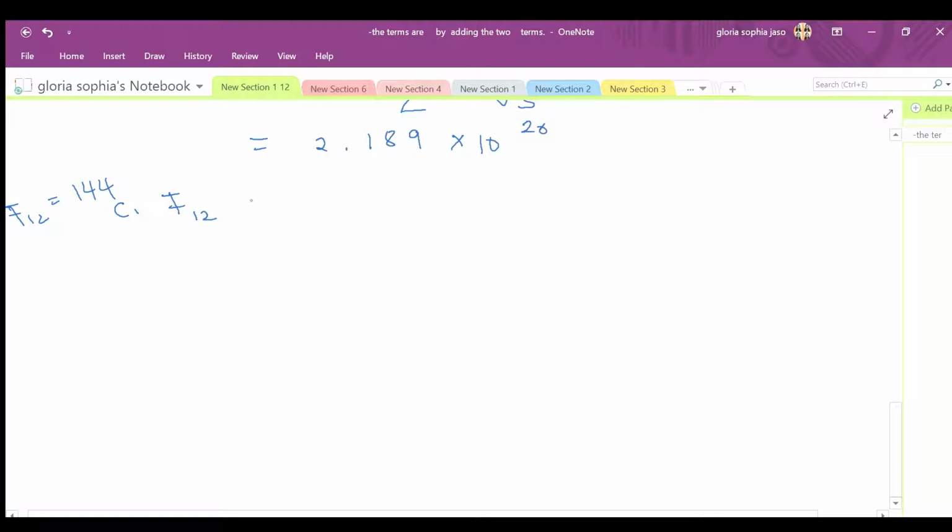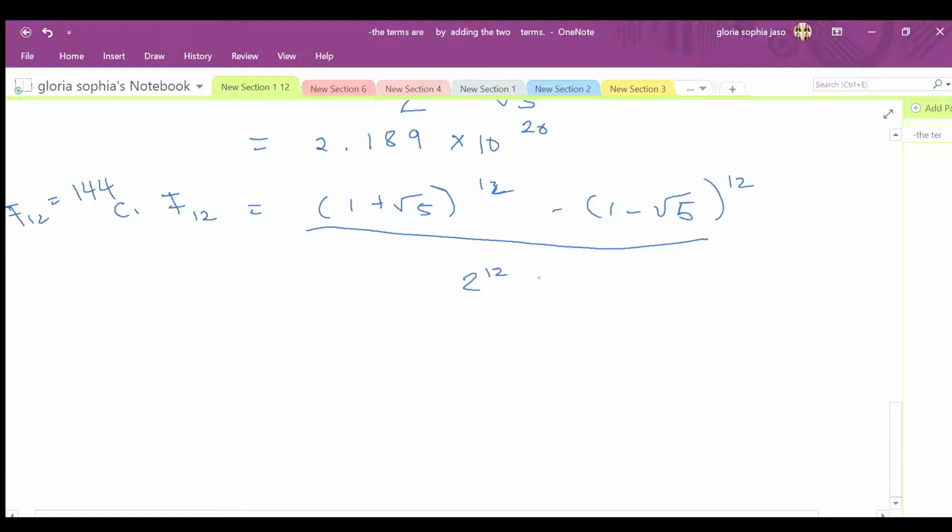Ayan. So, let's substitute. 1 plus square root of 5 raised to 12 minus 1 minus square root of 5 raised to 12 over 2 raised to 12 times square root of 5.